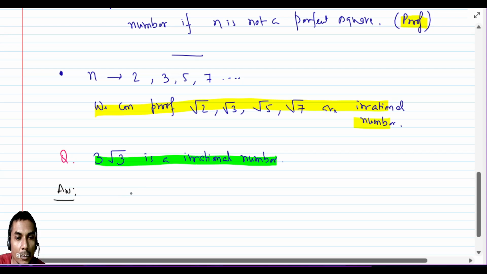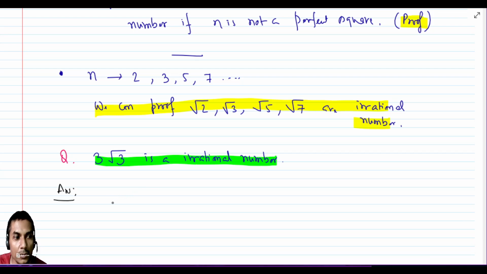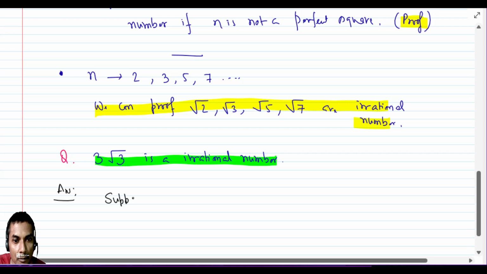So suppose, look at, multiple relation, you must remember this. Suppose 3 root 3 is a rational number.